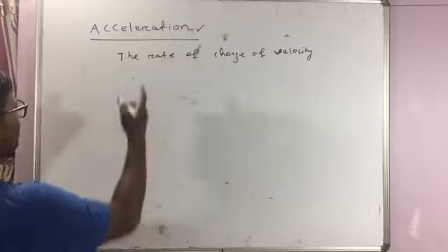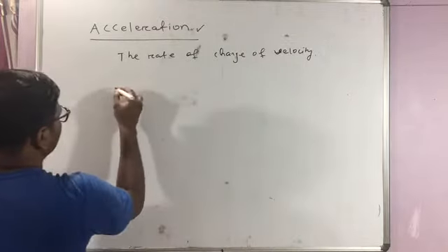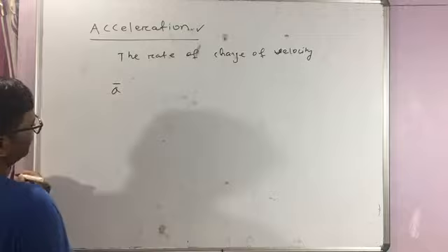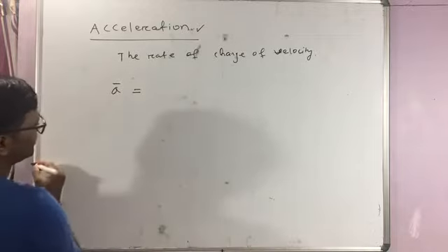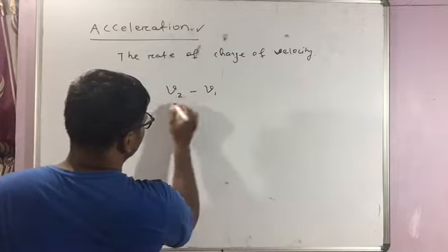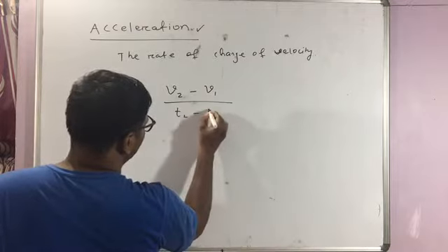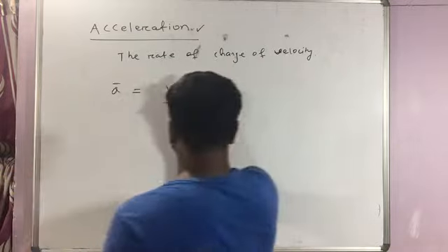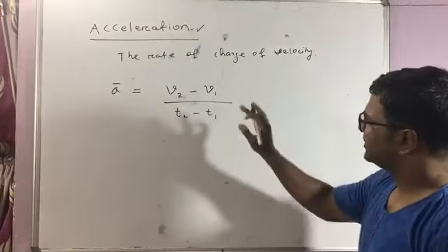So we can have average acceleration. Average acceleration is simply v2 minus v1 by t2 minus t1. So what are these quantities? What is v2 and what is v1?